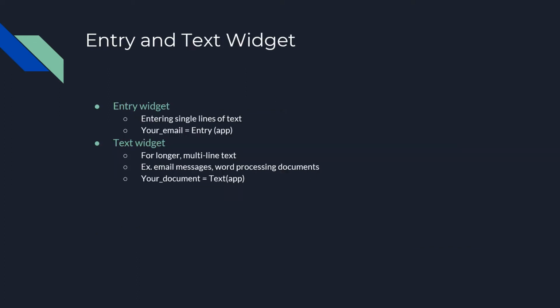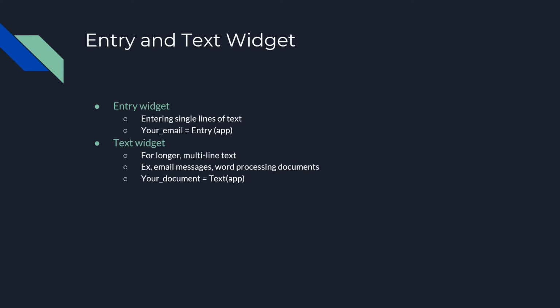Before we go on any further, we need to address two important widgets for the users to enter text. The first one is the Entry widget, which enables the entering of single lines of text. For example, if we want the user to write their email, which is a single line of text, we can write down the code your_email = Entry(app). The second important widget is the Text widget.